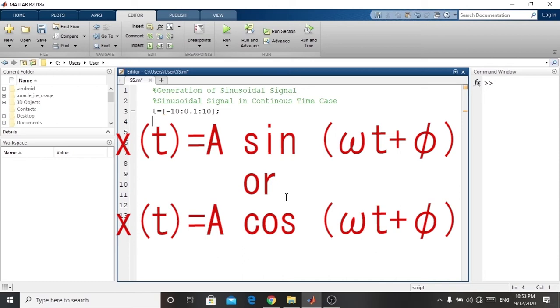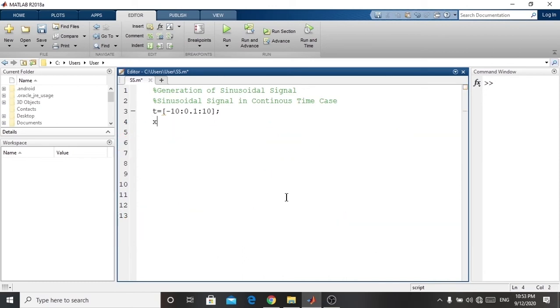So let's define it as x underscore t is equal to sine of t. In order to generate the sinusoidal signal in continuous time domain, we use the function plot.